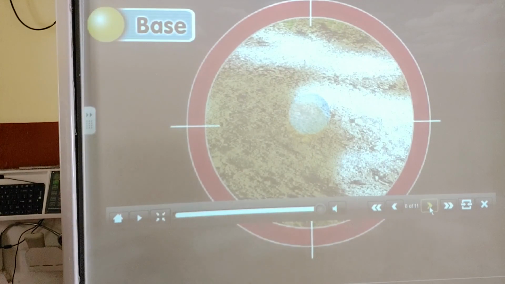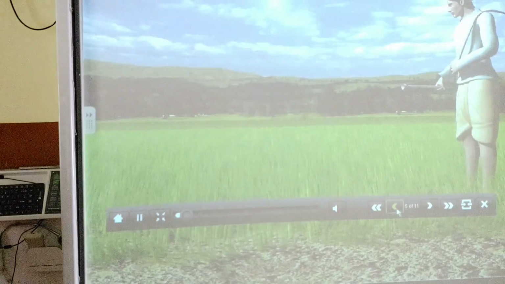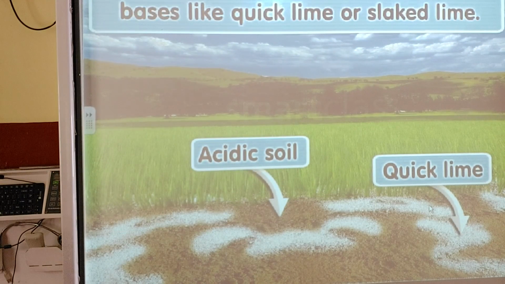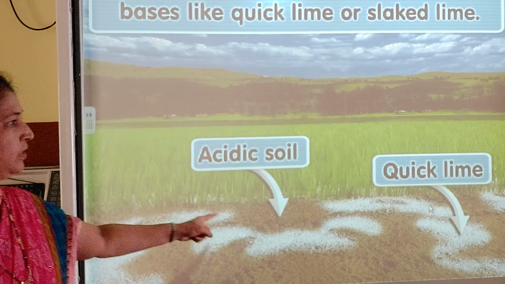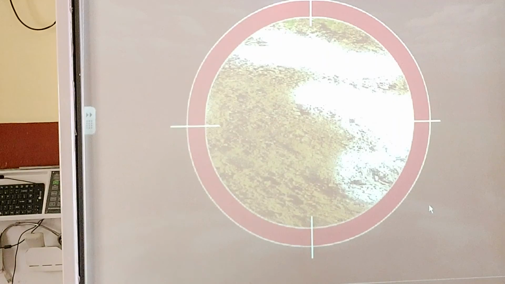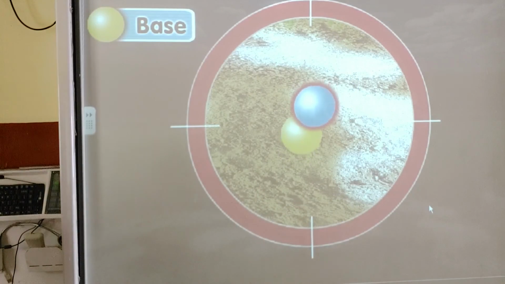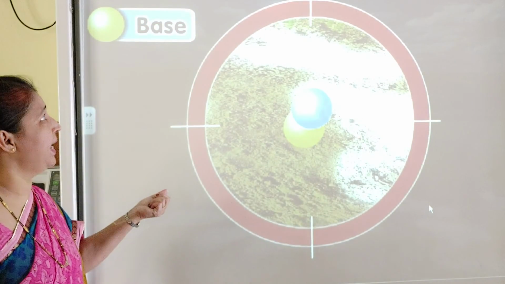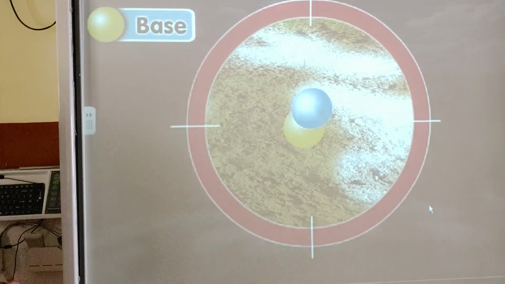What is the name of the base which has been added here? It is quicklime or slaked lime. So this is acidic soil. The base neutralizes the acid present in the soil. So this neutralization takes place between an acid and a base.